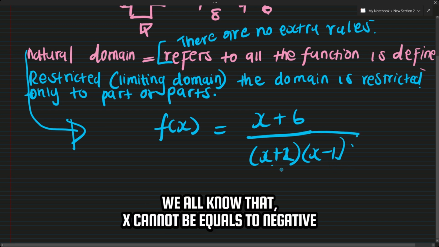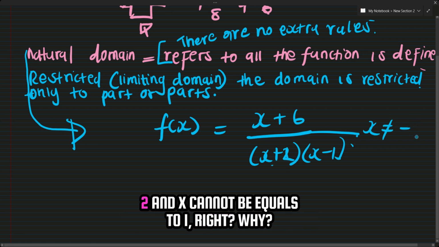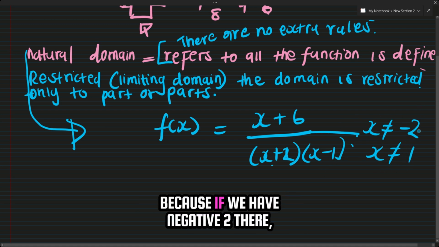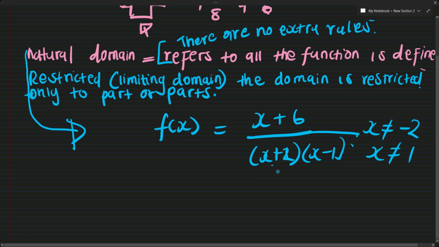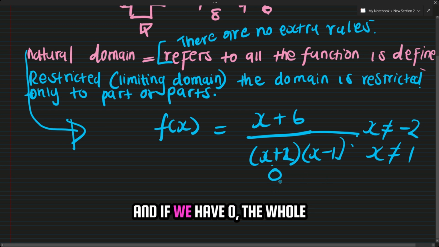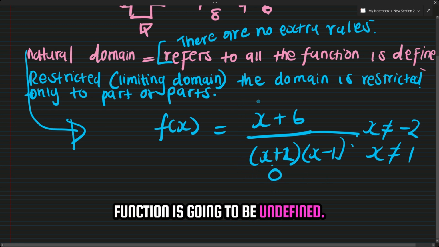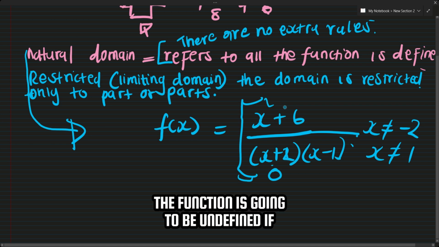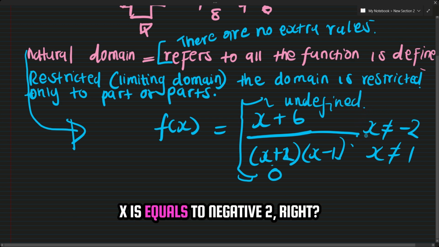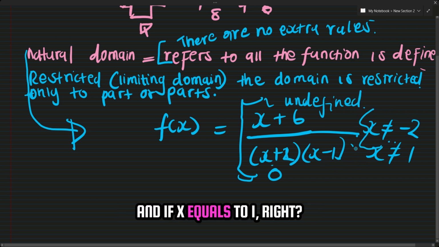We all know that x cannot be equals to negative 2 and x cannot be equals to 1, right? Why? Because if we have negative 2 there, we're going to have a 0, and if we have 0, the whole function is going to be undefined if x is equals to negative 2, right? And if x equals to 1, right?